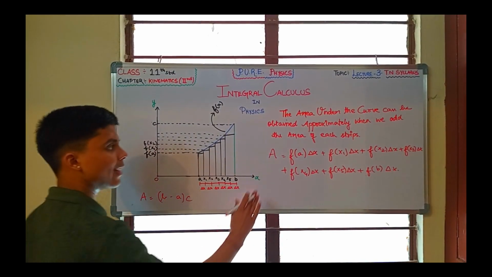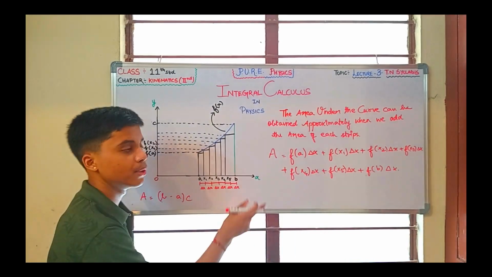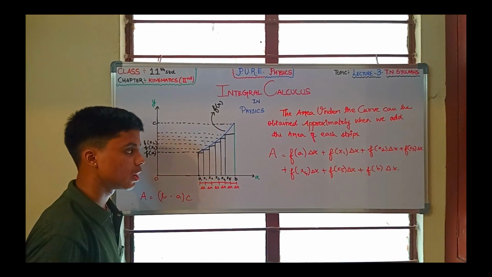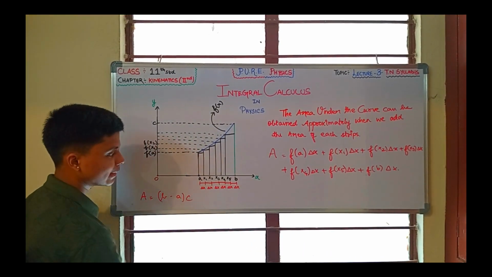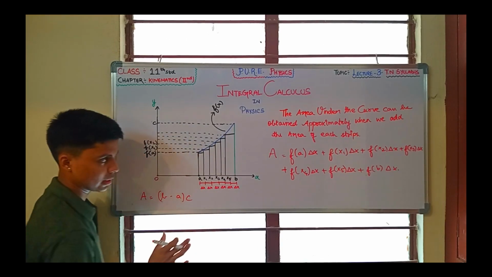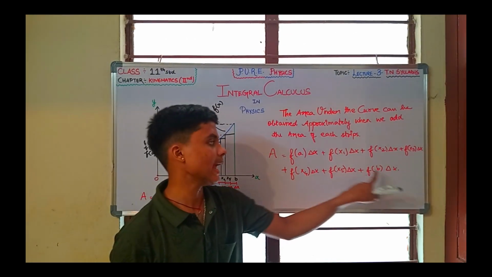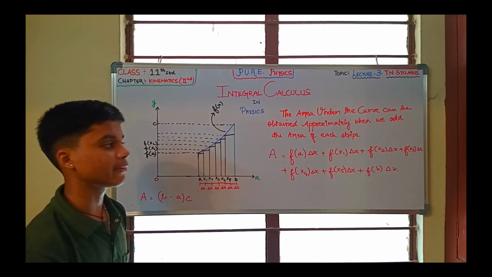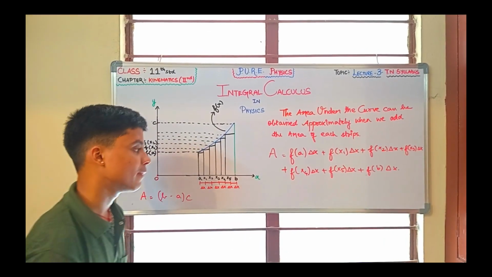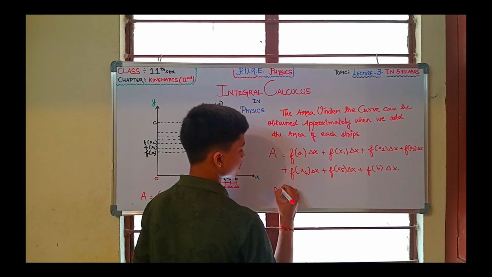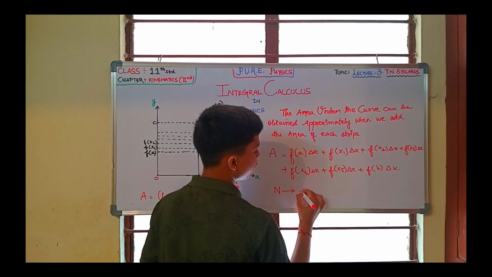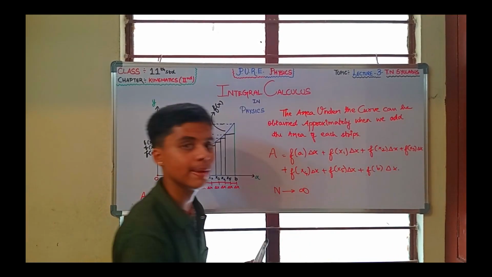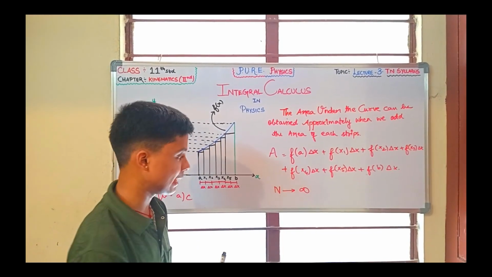Now when you add all these values, you will get the area under this curve. Now we know that there are 5 strips here, or 7 strips including A and B. But when the number of strips tends to infinity, the summation, this whole addition, will move on to integration.